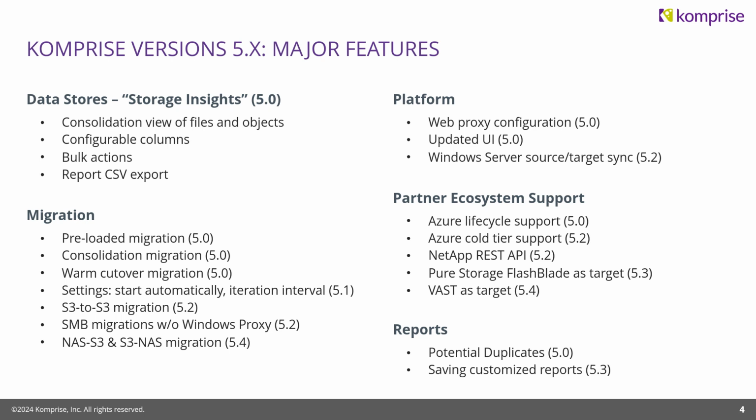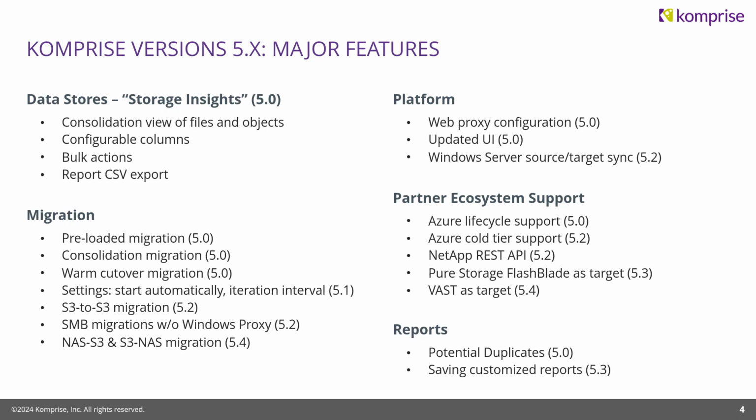A lot of platform updates. Source target sync is available for Windows Server as of 5.2. We're continually adding more support for partner ecosystems. Most recently, NetApp REST API, Pure Storage FlashBlade as a target, and VAST as a target.